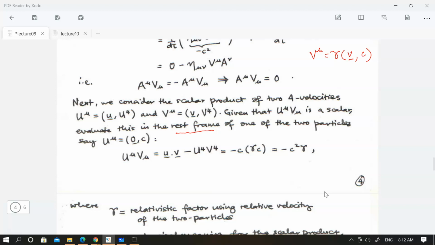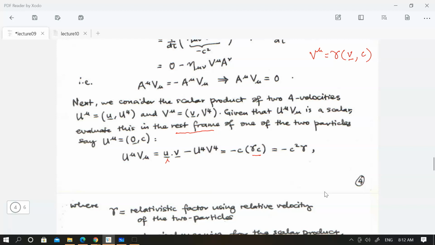Okay, so we have that, and then for the spatial part, you have your ordinary scalar product between the two vectors u and v here, but u has been set to be equal to 0, so that gives you 0 here.